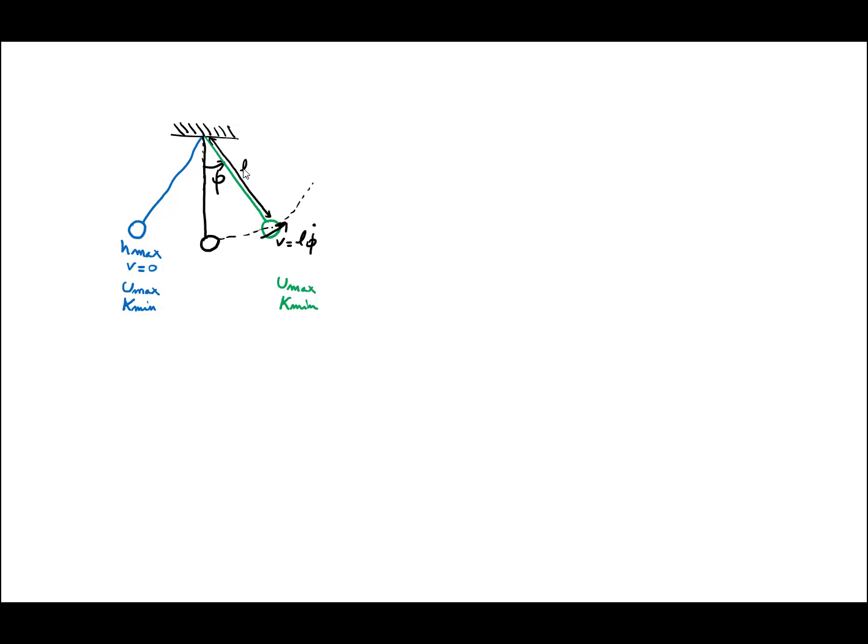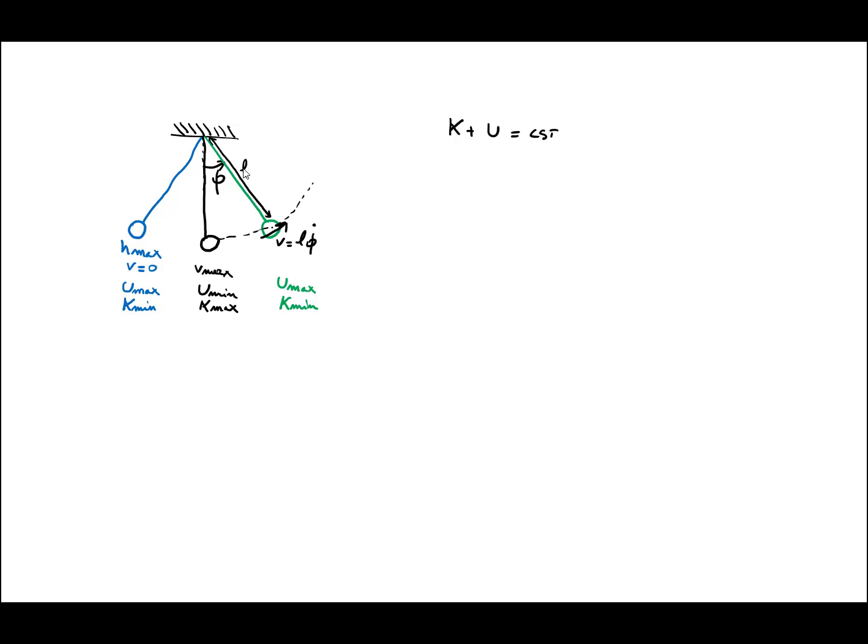In this central position, the speed is maximum, right? So the potential energy is minimum and the kinetic energy is maximum, right? So you can see that there is an exchange between kinetic and potential energy. So what we can say is that the sum kinetic energy plus potential energy is a constant, right?